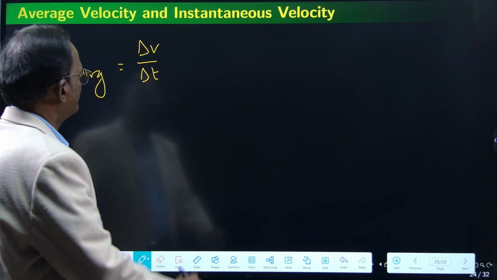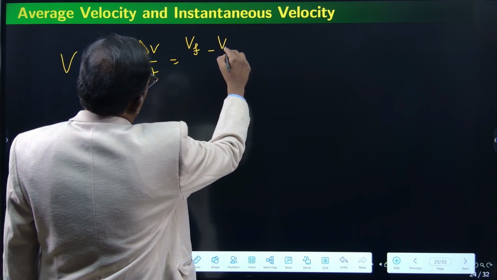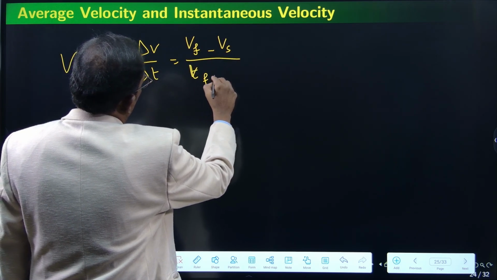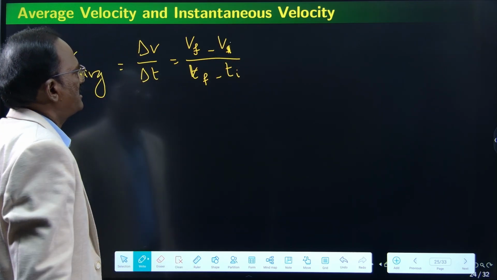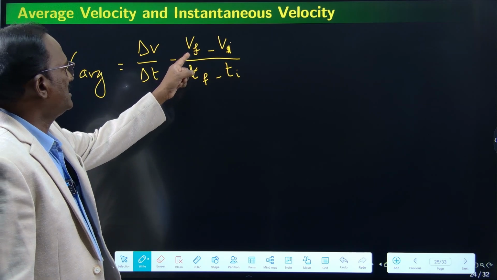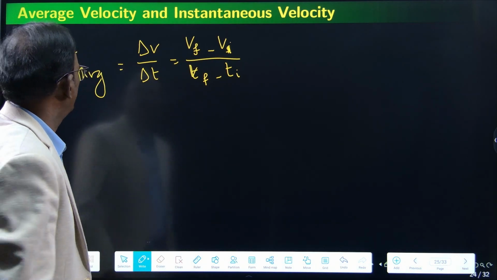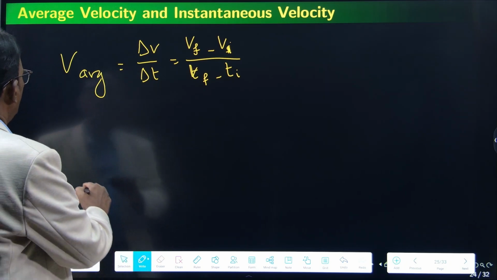Change in velocity: final velocity minus initial velocity, divided by final time minus initial time. So this is average, and the time interval is a bigger one.